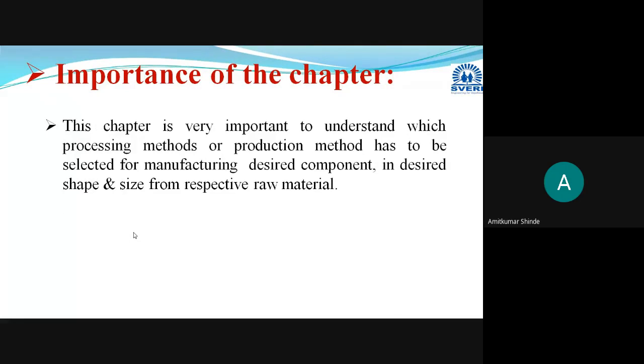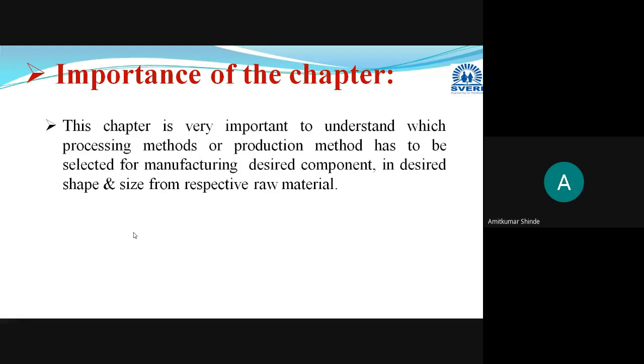Then, what is the importance of this chapter? Why is the study of this chapter important? Because if you study this chapter, you will be able to understand which processing or manufacturing method you should select for a particular product or available raw material, to give the desired shape and size and obtain the desired product.